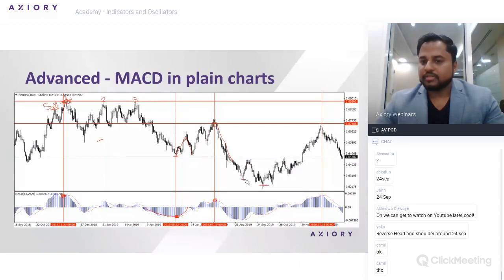And here also, very bottom. This low, this top, and this low. And you see here again the first top and the second top. There you got an MACD high.